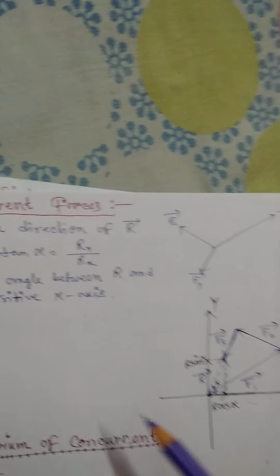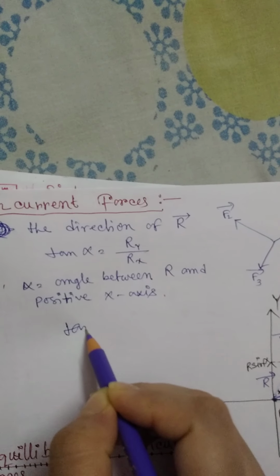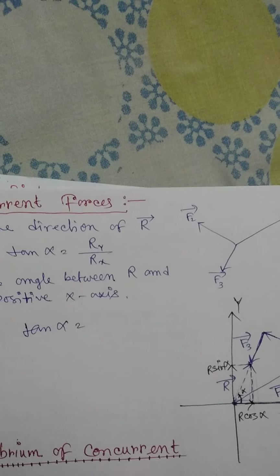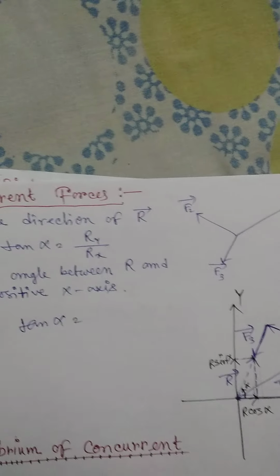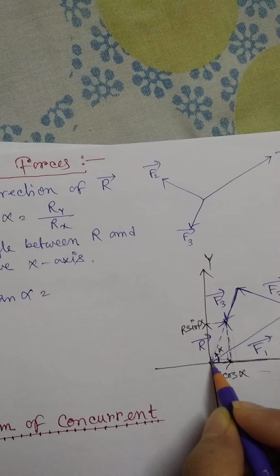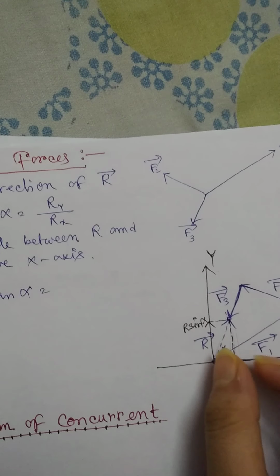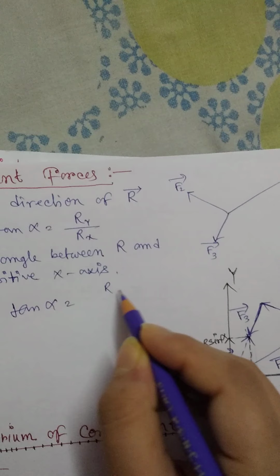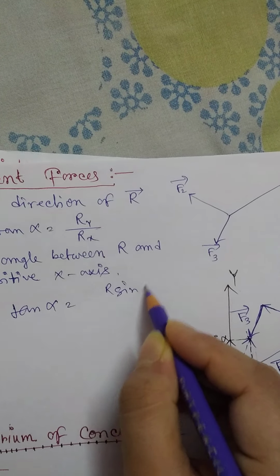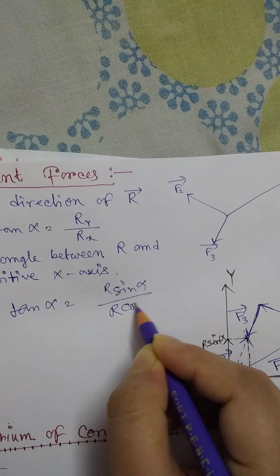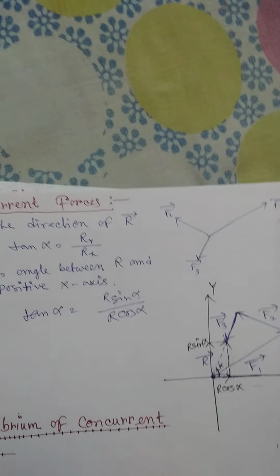So here alpha is the angle between R vector and positive x-axis. We can also write tan alpha equals this component over this component, right? That means R sin alpha by R cos alpha. That's it.